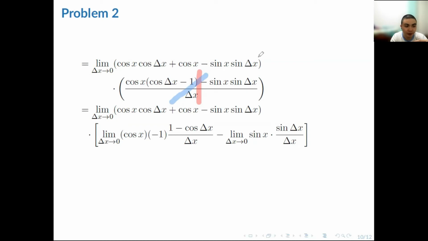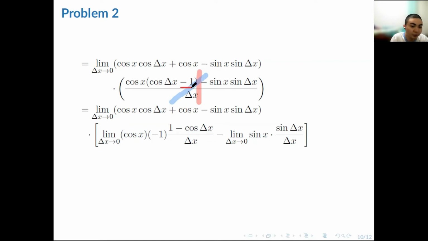So, isa-isahin natin ngayon. We have here cosine x. Kinopya lang natin siya. Then we can express this one, yung cosine delta x minus 1 all over delta x, into this one, no? Para maging special trigonometric limit siya, we negate cosine delta x, so naging negative cosine delta x siya.